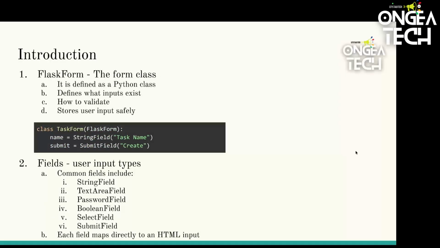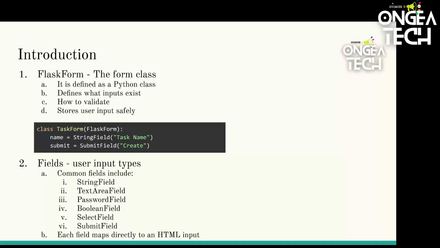So let's look at some of the core things about Flask Forms. The first thing is that you need to have a form class, and this is defined as a Python class.